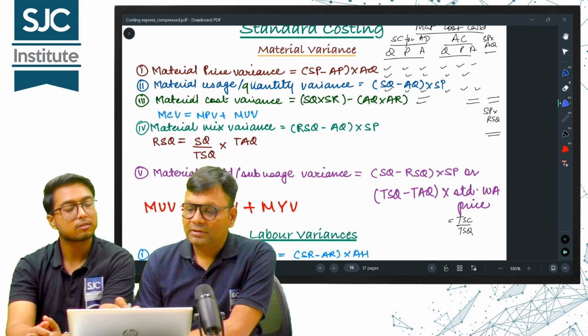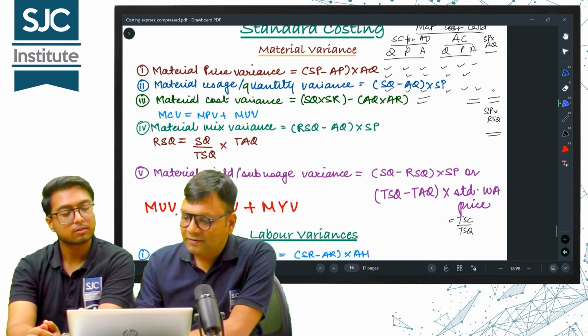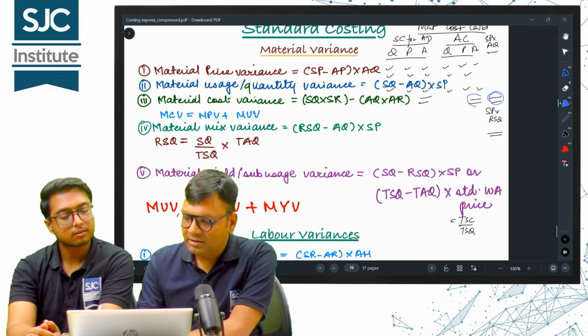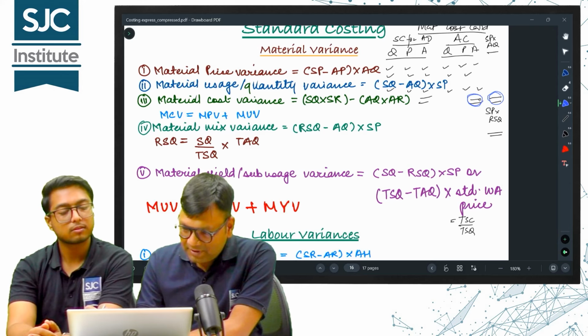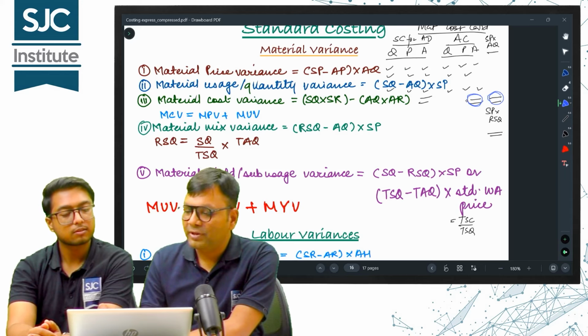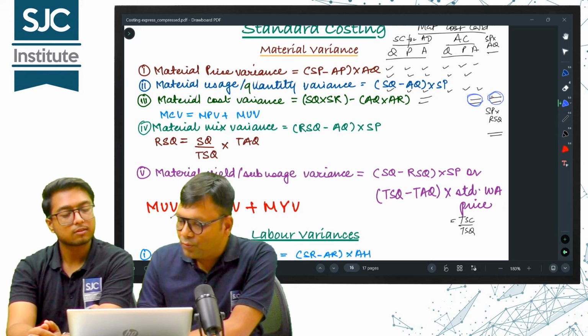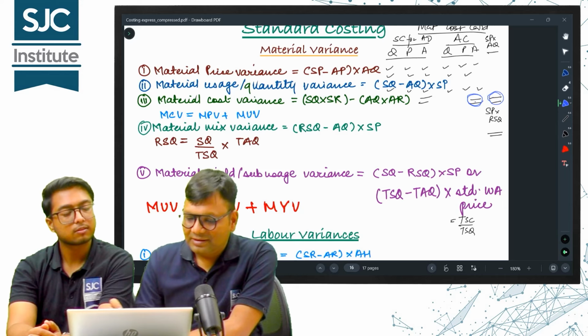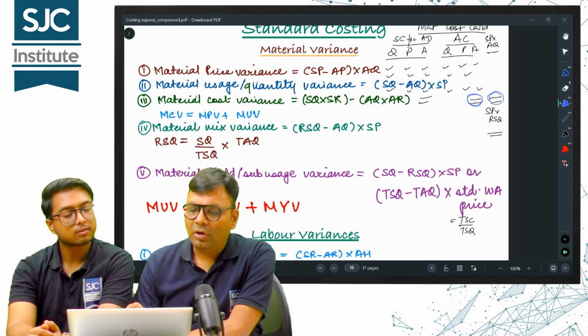And then you take the SP into AQ total from here and AP into AQ total from here. So instead of doing it multiple times, you will be able to get your answer in just one line. The same thing you can apply for all.